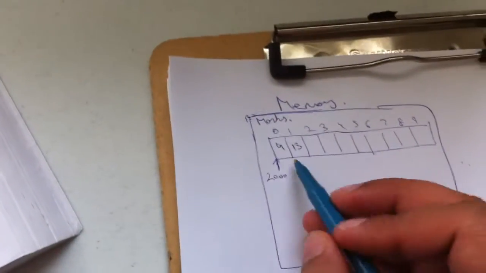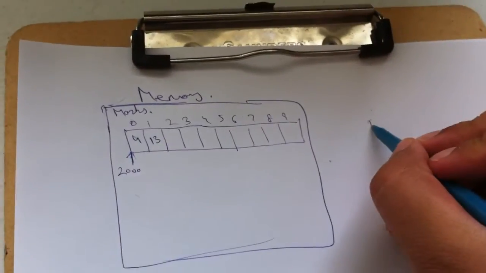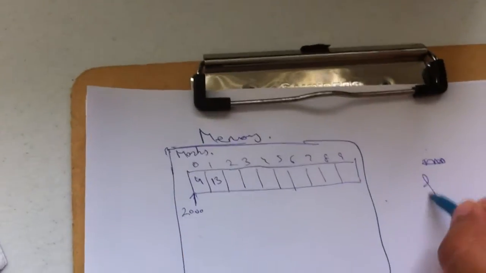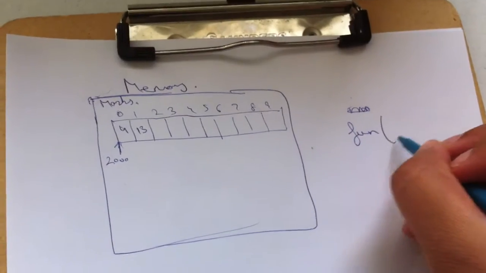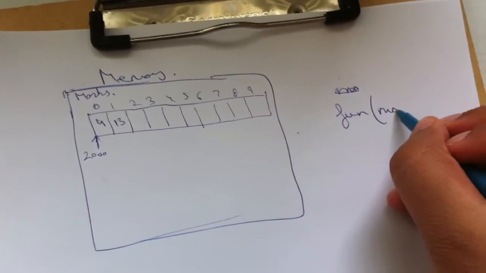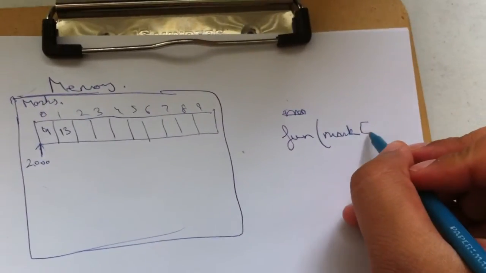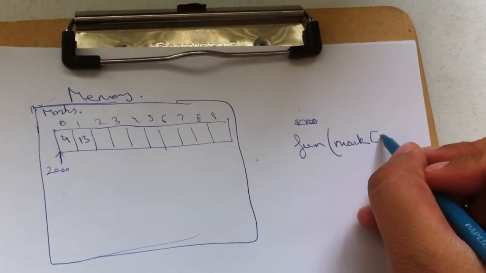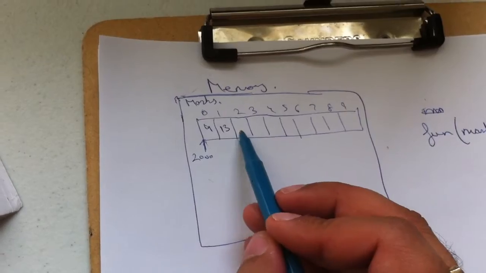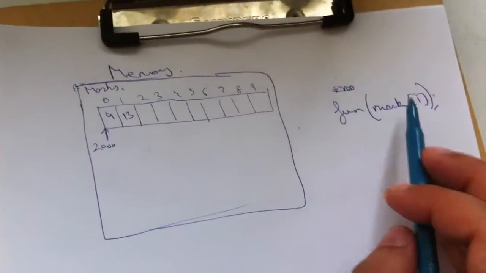So let's draw this memory. Let's say there's a function fun, and you pass mark 1. So here mark 1 is 13, right? Here fun will be called.